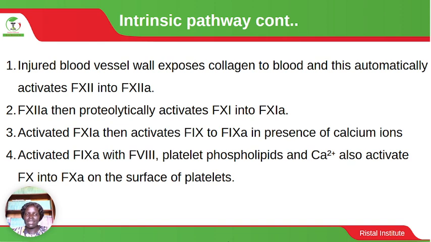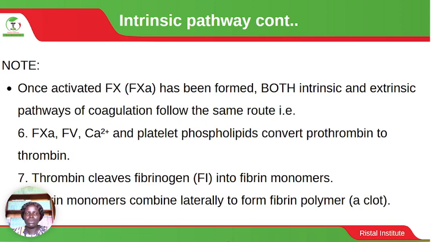So this is almost self-explanatory. I don't need to put more words on it. To continue, we have to note that once activated, factor 10A has been formed. Both intrinsic and extrinsic pathways of coagulation follow the same route.